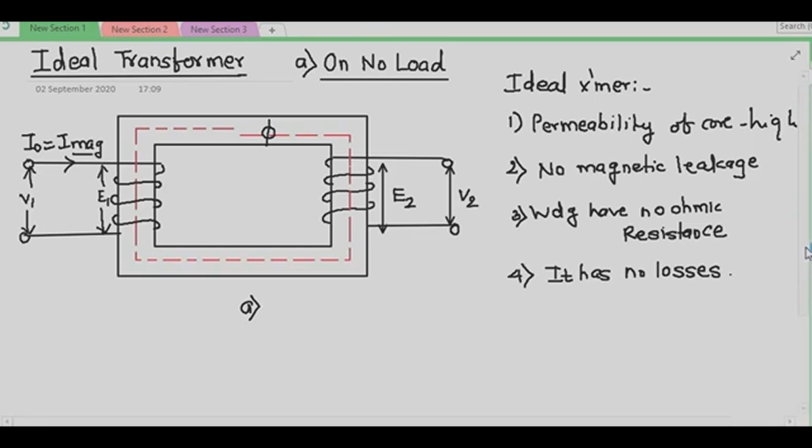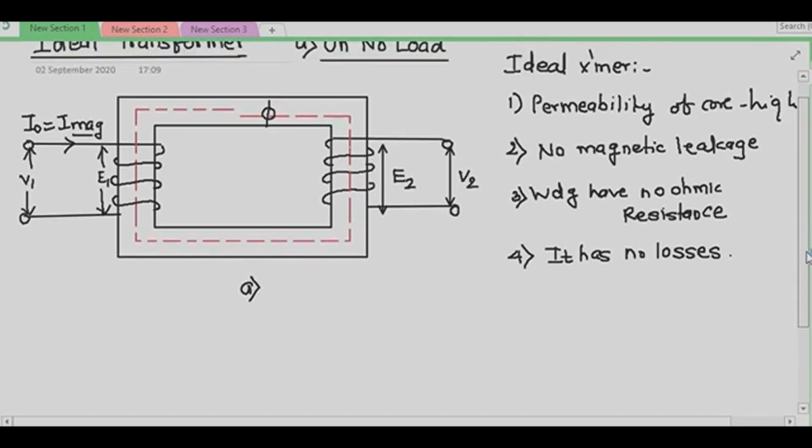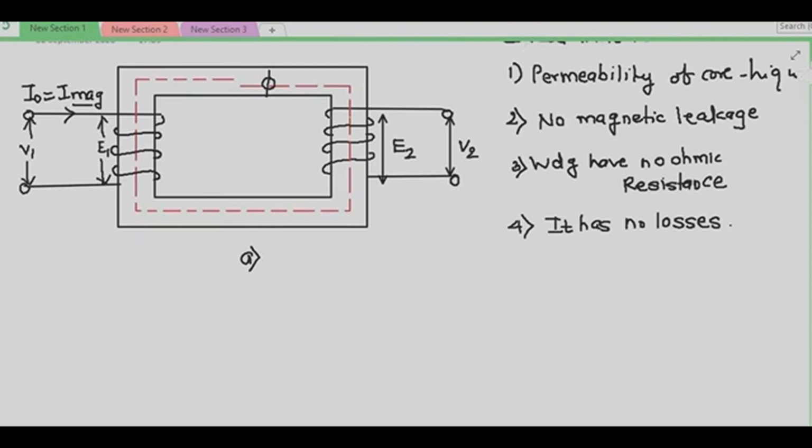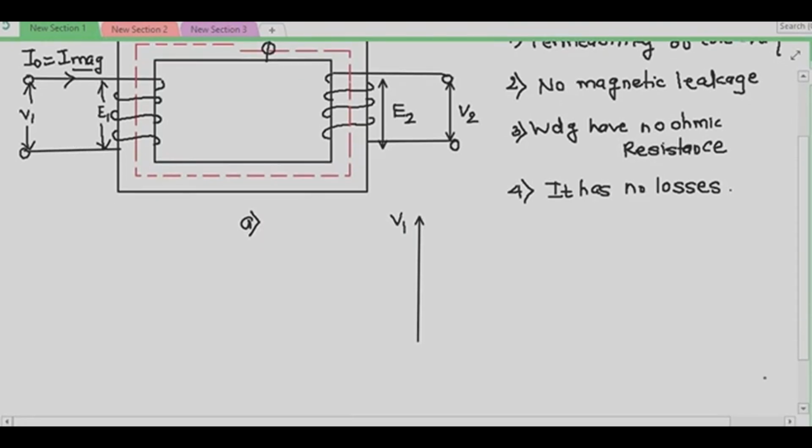So let us side by side draw the phasor diagram. What is the reference vector? What is the quantity which is applied to the primary winding? It is the voltage. So I have taken V1 as the reference vector. When I apply voltage across the primary winding, a very small current I magnetizing will flow through it so that the flux phi will be established.